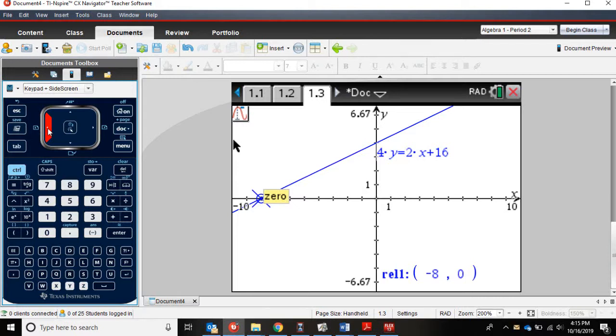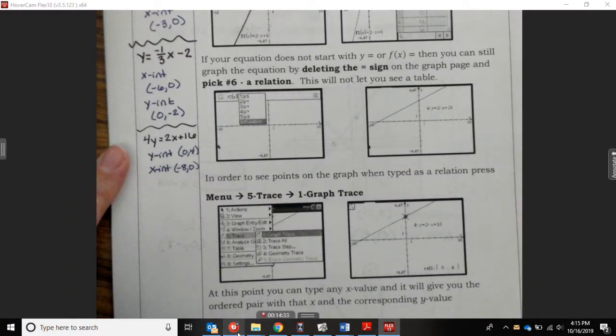So it's telling you the ordered pair, which is really nice. 1, 2, 3, 4, 5, 6, 7, 8. Okay, so my x-intercept is negative 8, 0. So make sure you write those ones down on your paper as well.